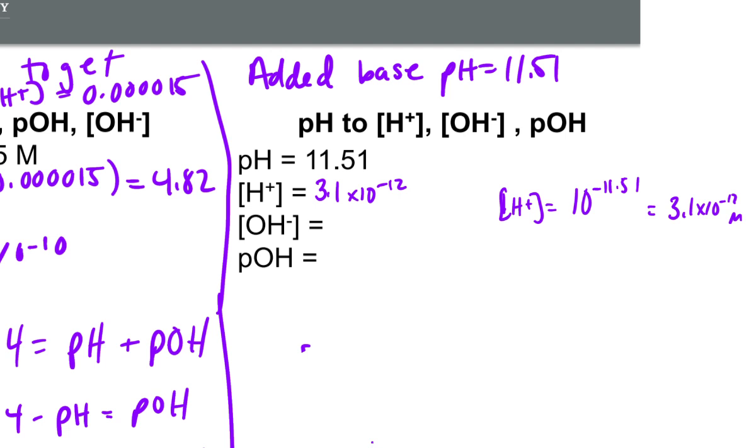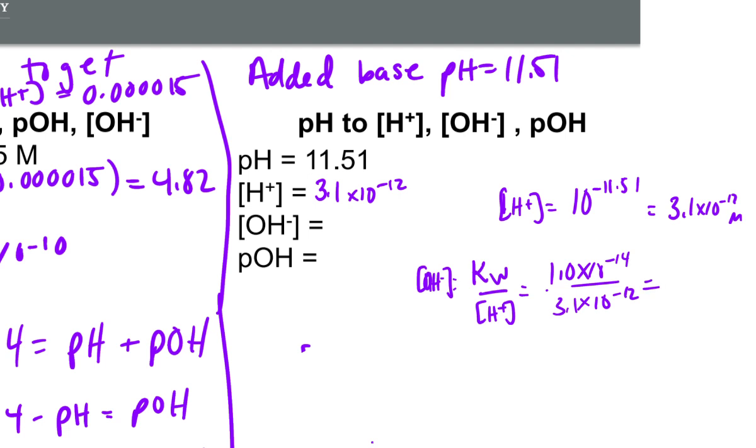To calculate OH minus, I would say the easiest way to go about that is OH minus equals KW over H plus, if I'm going in order here in my list. So we'll have 1 times 10 to the minus 14 over 3.1 times 10 to the minus 12, which will give me 3.2 times 10 to the minus 3.